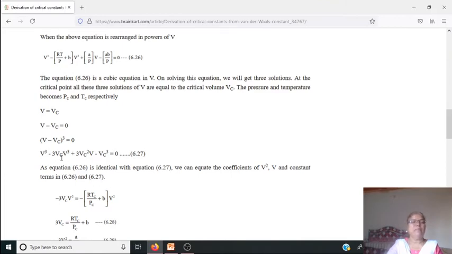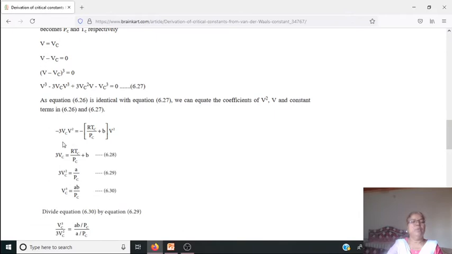Here, this is the coefficient of the term V square. Therefore, here we have minus 3 Vc V square, which is equal to minus (RTc by Pc plus b) into V square. Therefore, 3 Vc is equal to RTc by Pc plus b.